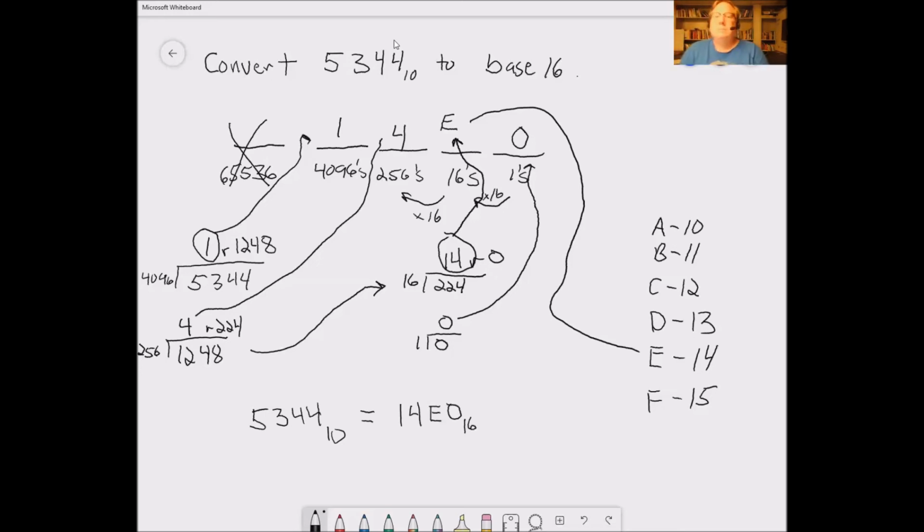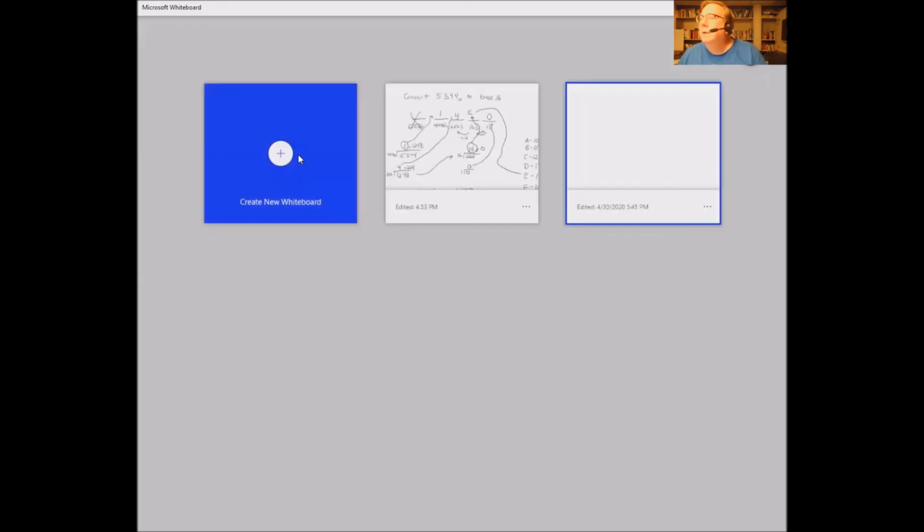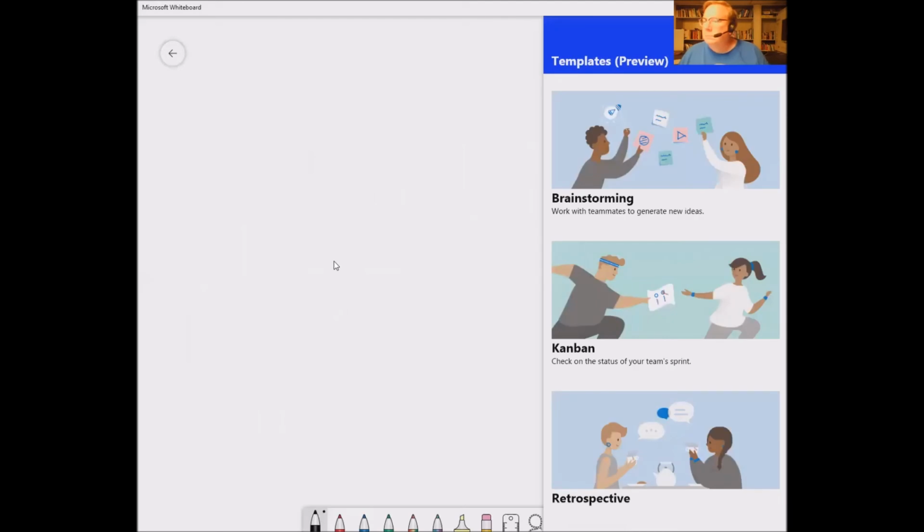That's kind of the official way of doing it, but I don't know when to leave well enough alone, so I'm going to show you a different way of doing it. If you like this, you can ignore what I'm about to do. What I'm about to do is actually a little bit quicker, and I will show you why. So completely new way. Let's go back here, start with a new whiteboard.